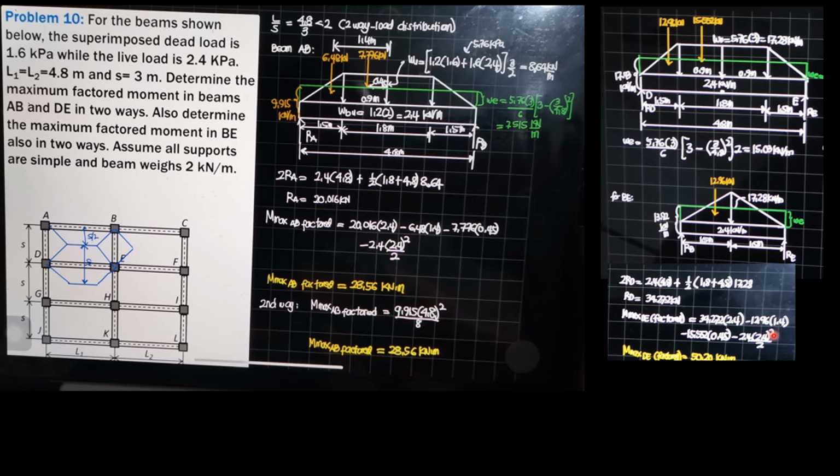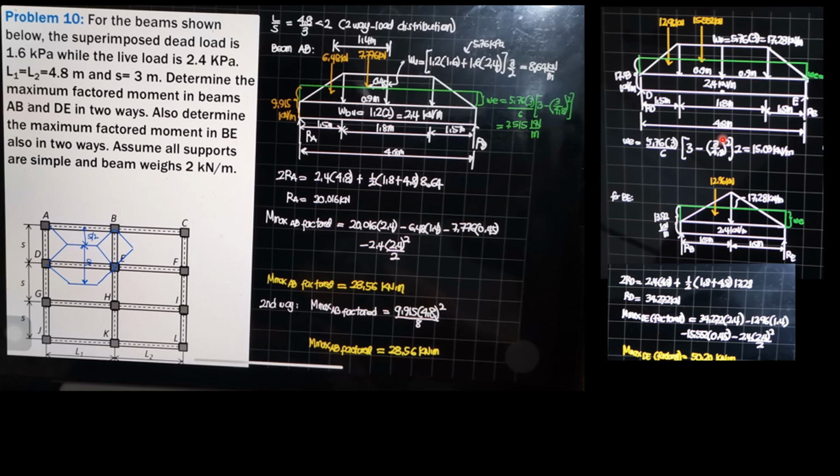So minus 12.96 times moment arm 1.4, 0.5 plus 0.9, 1.4, minus 15.552 times 0.45, then minus moment of the uniform weight of the beam, 2.4 times 2.4, that's the force, equivalent force. Moment arm 2.4 over 2. So 2.4 times 2.4 square over 2. And it is 50.20 kilonewton meter.